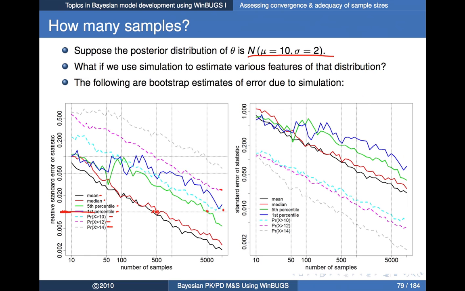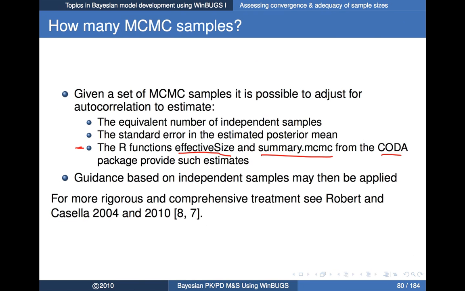So we discussed the underlying principles here for evaluating how many independent samples are needed for different types of inferences and different types of statistics from your posterior distribution. And then we've got an adjustment we can do given our autocorrelated samples, and try and assess what we need based upon that. In particular, I tend to look pretty heavily at the equivalent number of independent samples, and use that pretty strongly as guidance on what I need here.